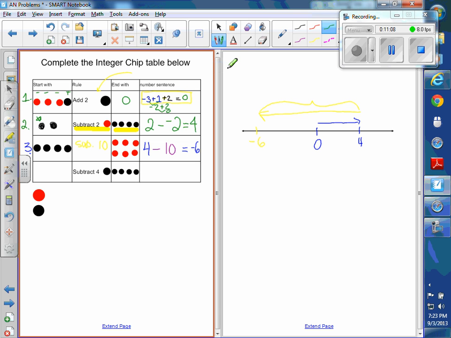So let's look at this last one right here. We're going to start with something and subtract 4 positives, and we're going to end up with 4 positives.